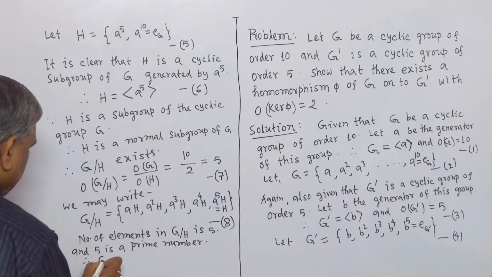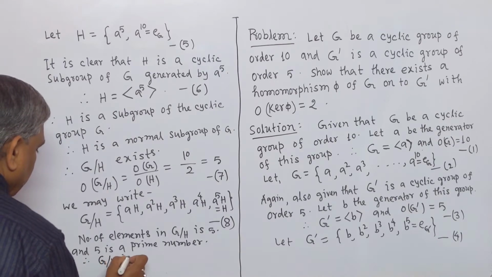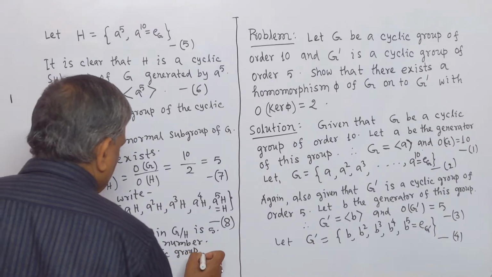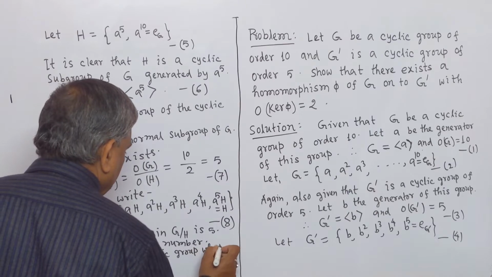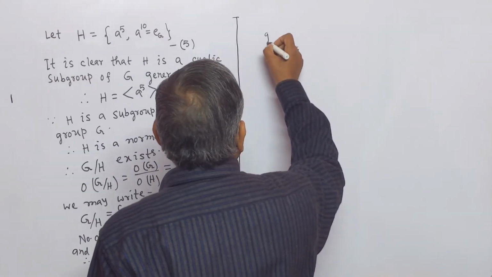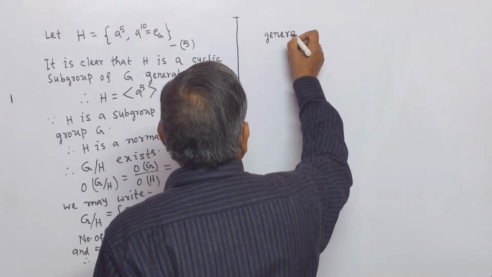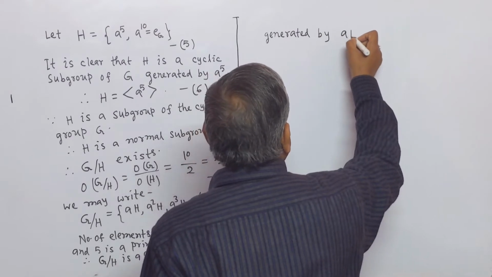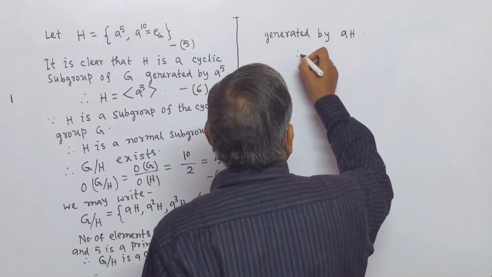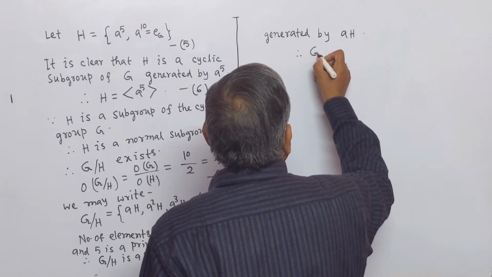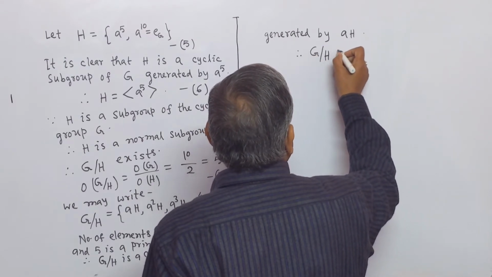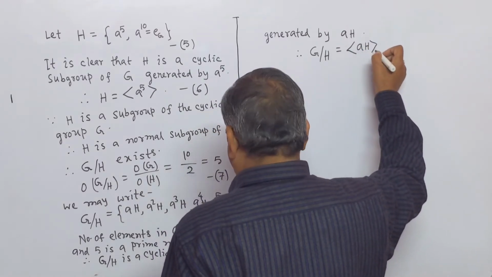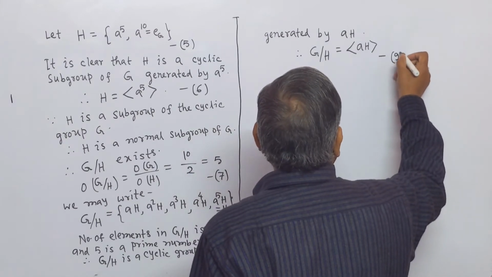Therefore, G by H is a cyclic group which is generated by AH. Therefore, G by H quotient group equal to a cyclic group generated by AH. Let this is number 9.